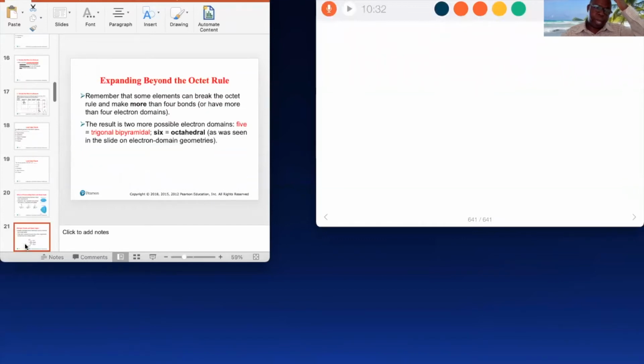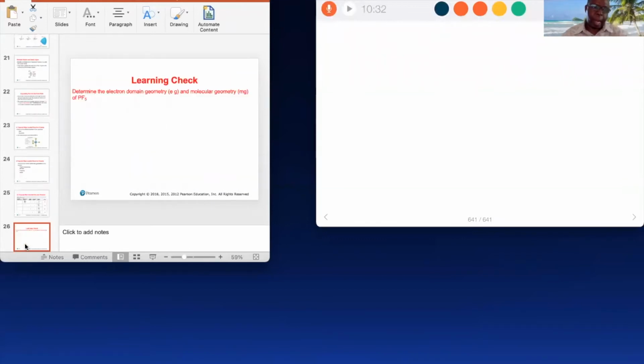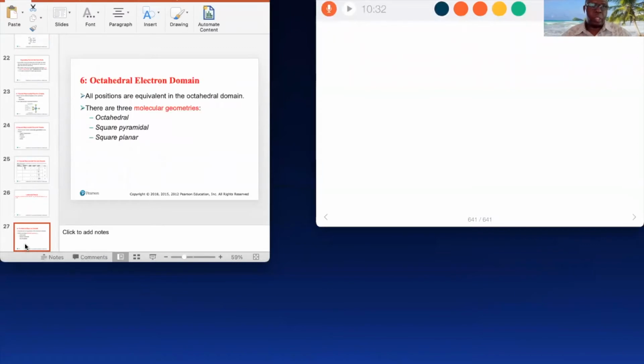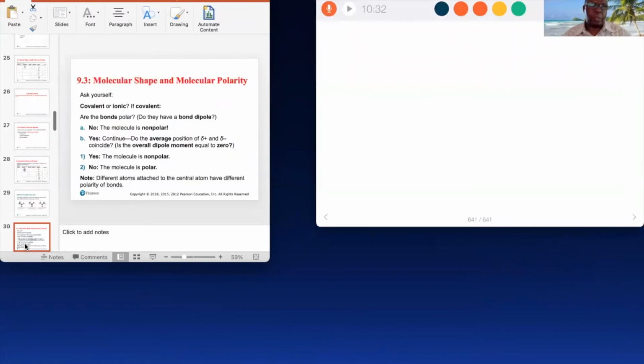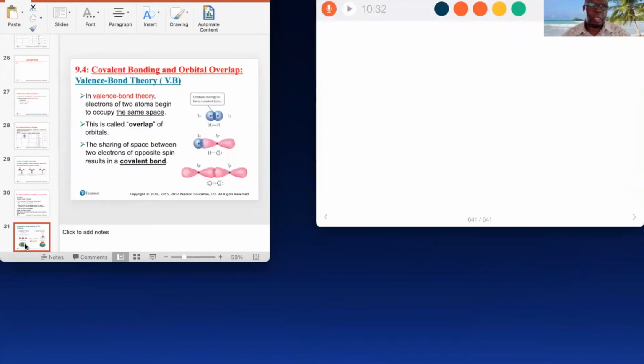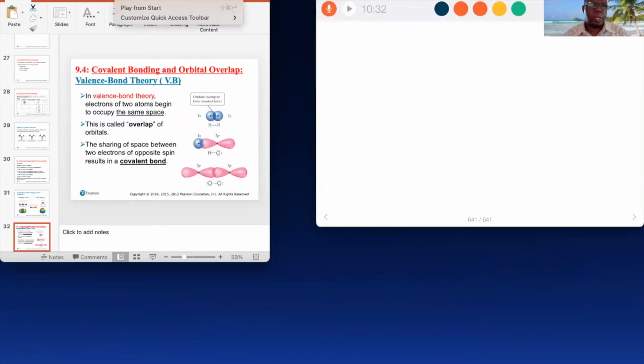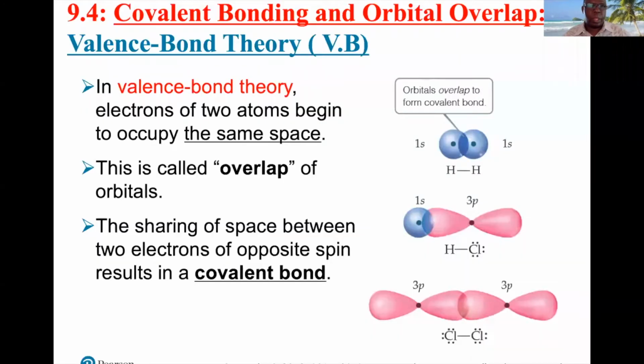Prior to this, we learned how to predict molecular geometry of molecules using the valence-shell electron pair repulsion model. We use the valence-shell electron pair repulsion model to indicate the shape of the molecule.